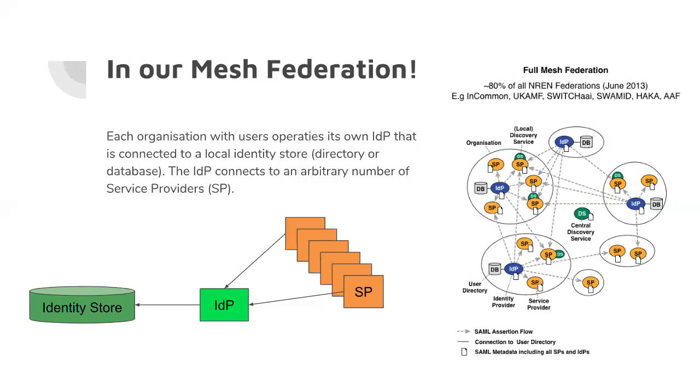You take that into the federation and you get the picture on the right, which is all the identity providers talking to many services, some within the organization, some within other organizations, and some spread out across the federation.